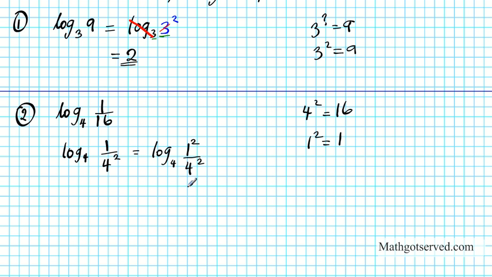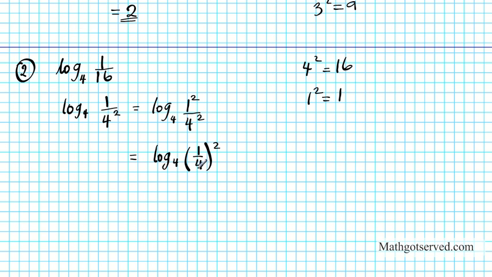And then using the quotient property of exponents, I can write this as log base 4 of (1 over 4) squared. Okay? Now the last step involves reciprocating this fraction I have right here. So this is going to become log base 4 of (4 over 1) to the negative 2.